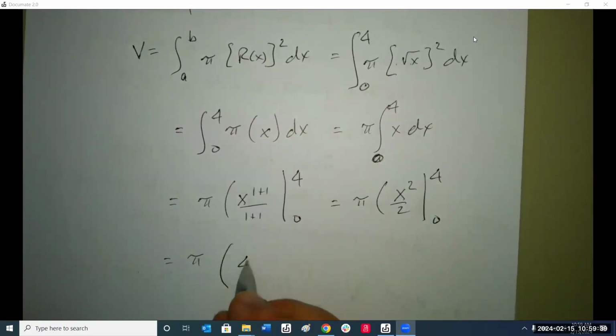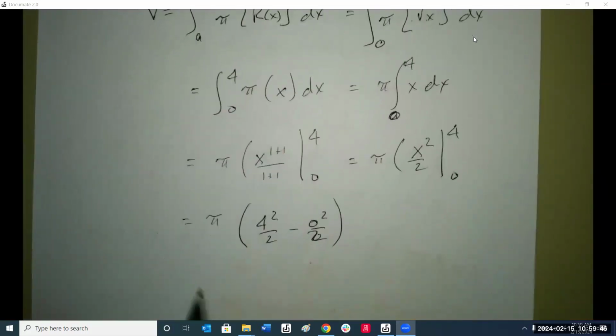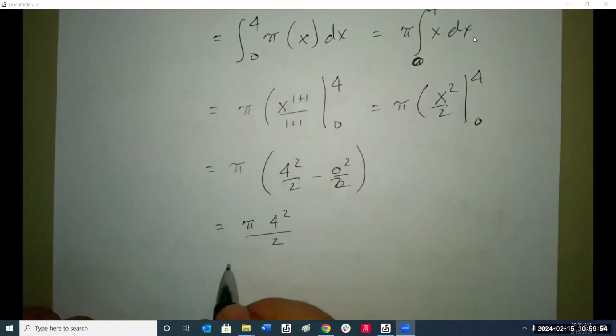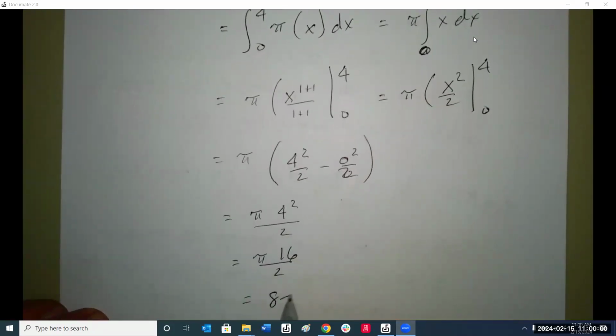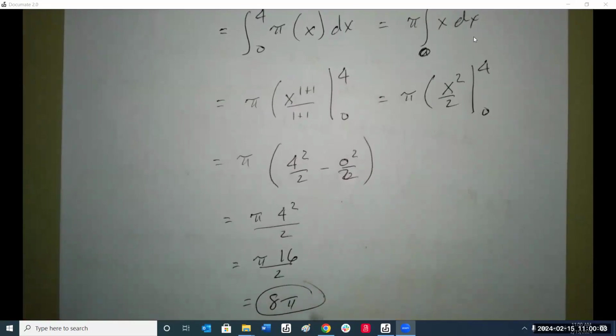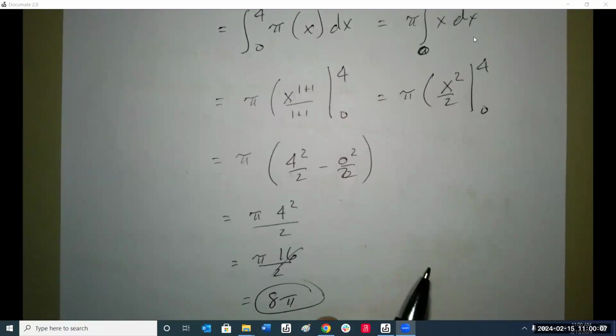Which becomes 4 squared over 2 minus 0 squared over 2. Is 8 pi. That's pretty straightforward.